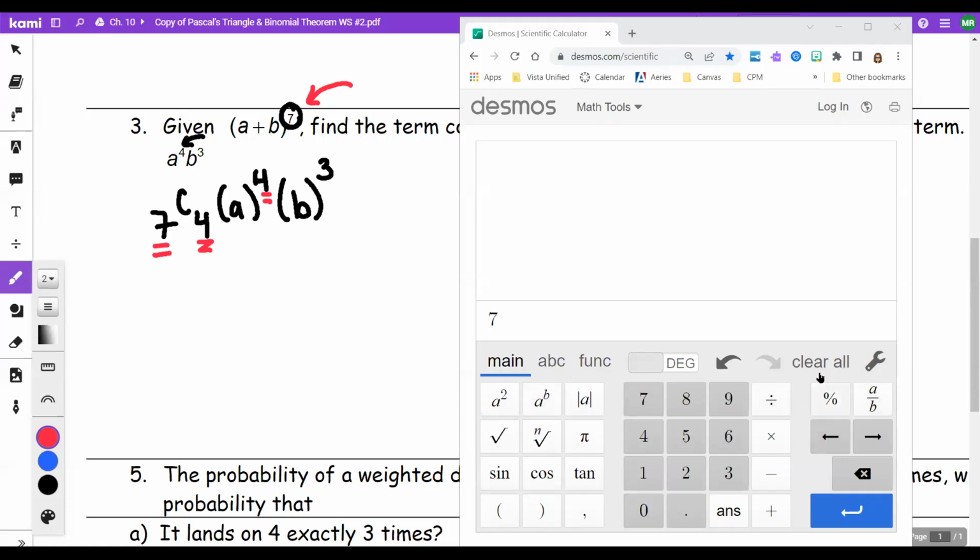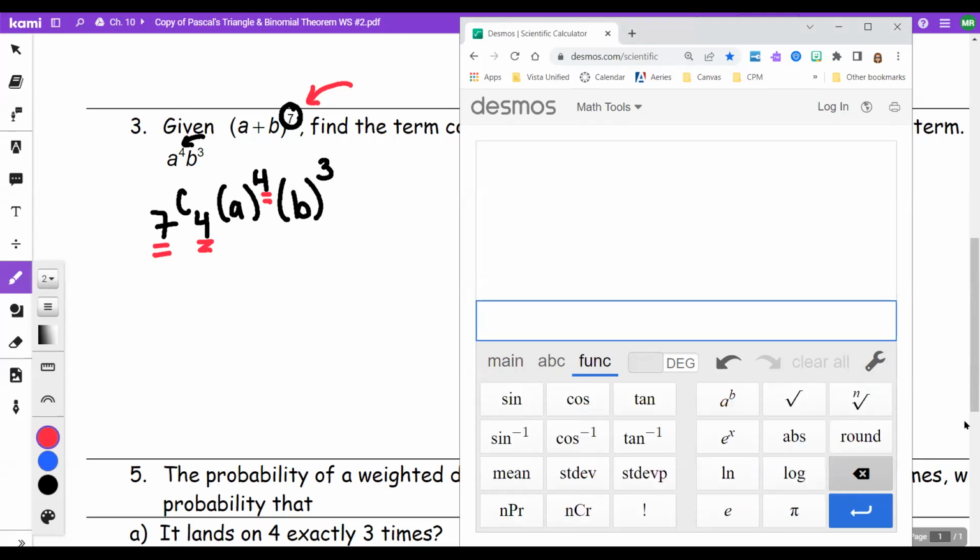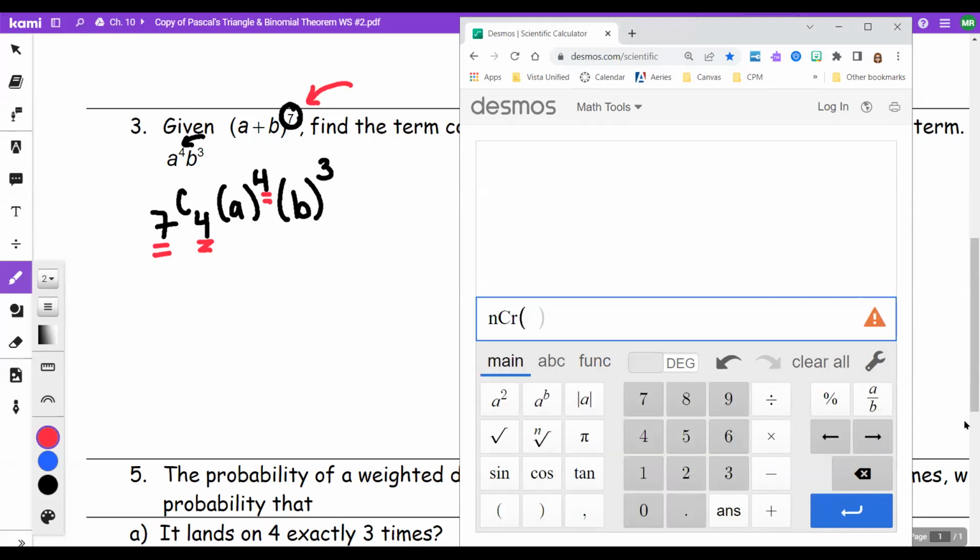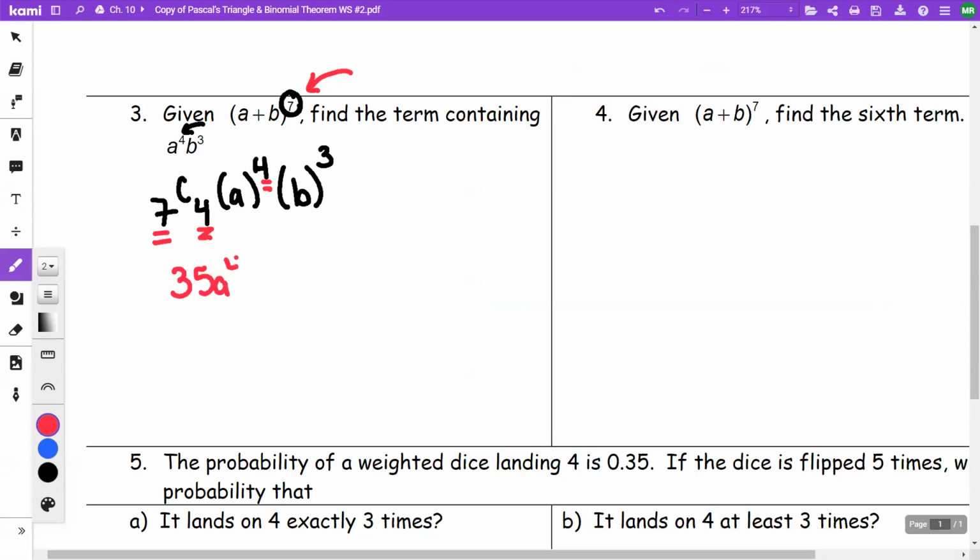I am going to go to function and get n choose r, and I'm going to put in 7 comma 4, which is 35. So this is going to be 35 a to the fourth, b to the third. That is the term.